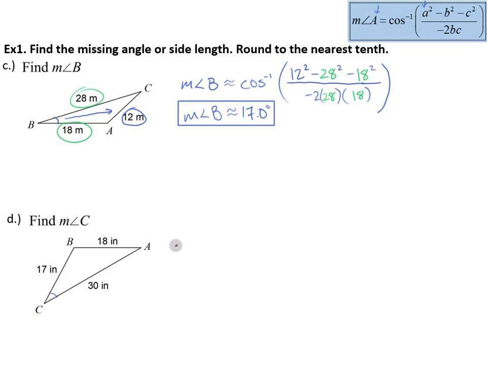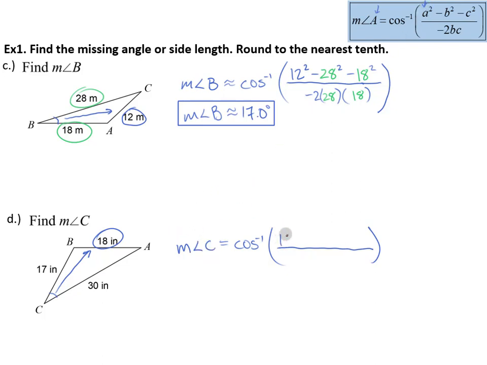Okay, so the way we're going to write this, the measurement of angle C is approximately, well, it's really exactly equal at this point, so we can use equal here, the inverse cosine of, okay, and we're going to need this big fraction here. So remember the side opposite it, which is here, 18, is what goes at the start in our formula here.